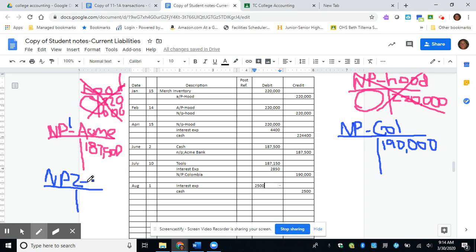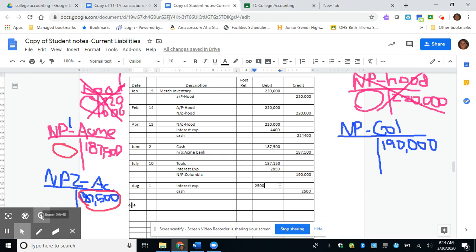So I'm actually converting this note into a second note, and this is going to give me more time to pay. So again, I have $187,500 in the second note. So I'm going to cancel out the first note with a debit, and I'm going to put in the second note with a credit.